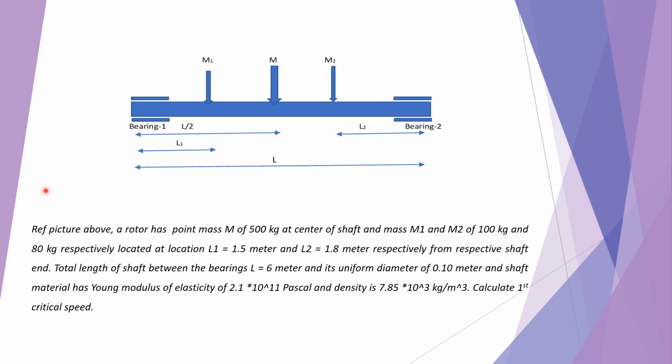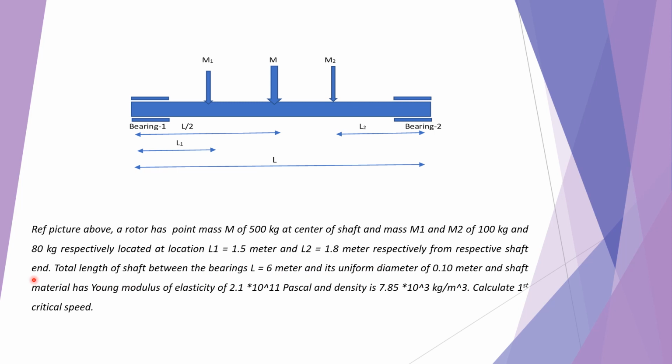Now let us understand how we can use the Dunkerley method with an example. Refer to the picture above. A rotor has a point mass M of 500 kg located at the center of the shaft, and masses M1 and M2 of 100 kg and 80 kg respectively, located at L1 is 1.5 and L2, measured from the right hand side, is 1.8 respectively from the respective shaft end.